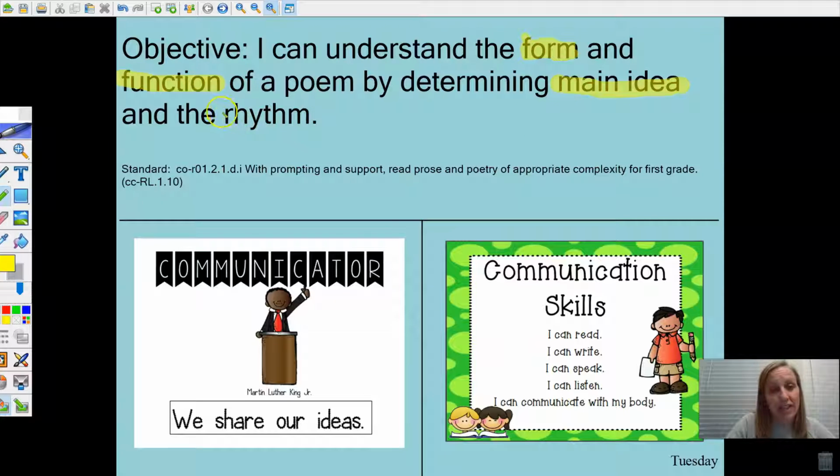The new word today would be the word rhythm. Now, you may have heard this in a different specials class. Where do you think you may have heard the word rhythm? Music? That's what I was thinking. Music is a time where you hear rhythm, but you're going to learn that poems can sometimes also have a rhythm. All right, so we are going to be communicators.